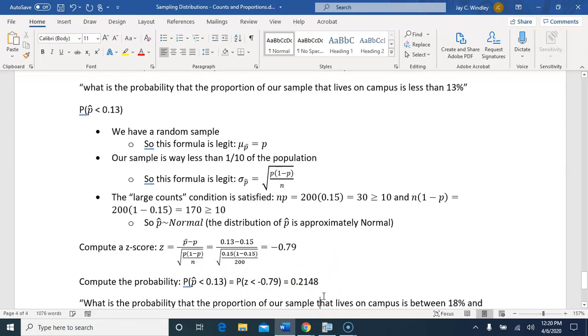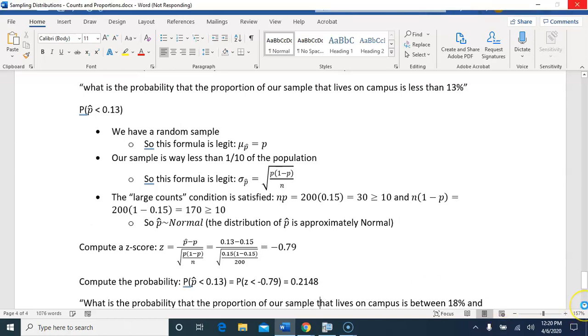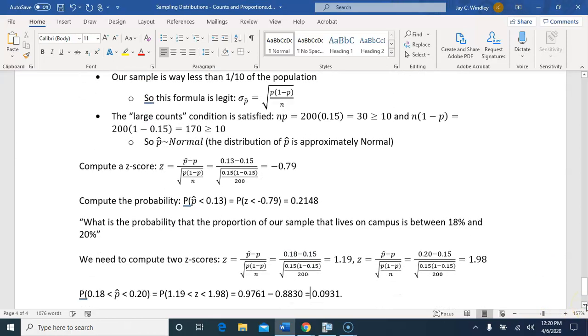The second question we had was, what's the probability that the proportion of students living on campus is between 18% and 20%? So we have to turn the 18% into a z-score by subtracting the population P and dividing by this radical, and change the 20% into a z-score by subtracting the population P and dividing by this radical.